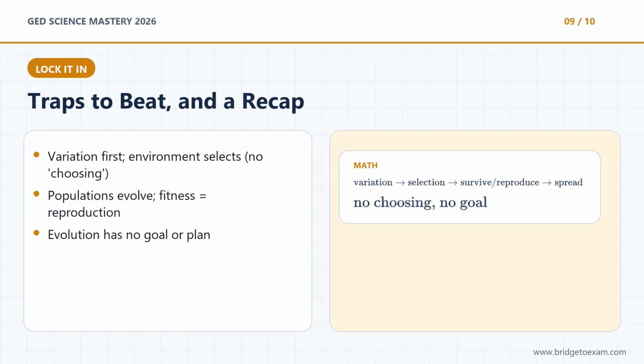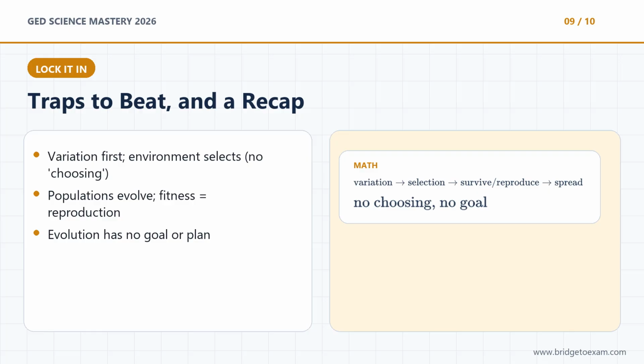Let's lock in the traps. 1. Animals choose to adapt. No. Variation comes first and the environment selects it. 2. Individuals evolve. No. Populations do, over generations. 3. Fitness means strength.